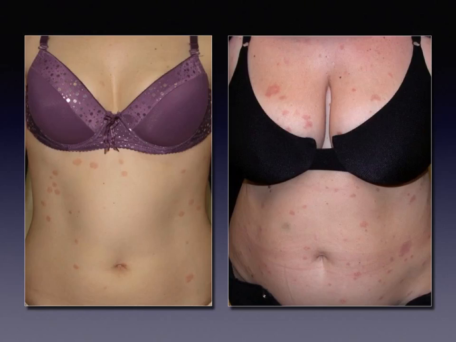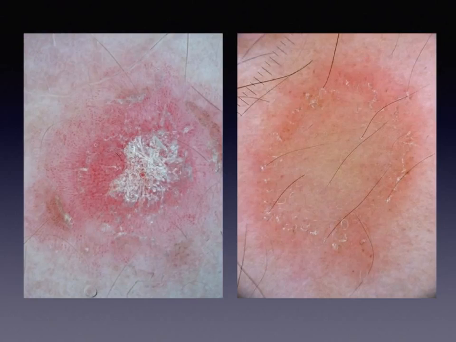These two adult women present with erythematosquamous macules and papules on the trunk. This eruption is compatible with Pityriasis rosea, but also with psoriasis, dermatitis, or Lichen planus. Under dermoscopy, the lesion on the left shows the characteristic psoriatic pattern of regularly distributed red dots and white scales.